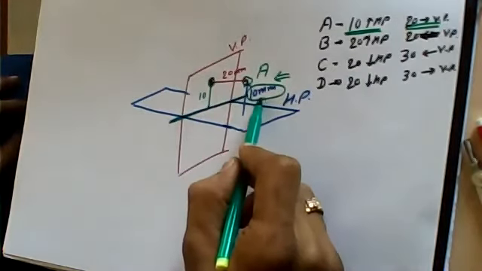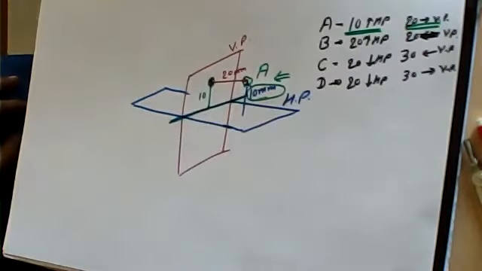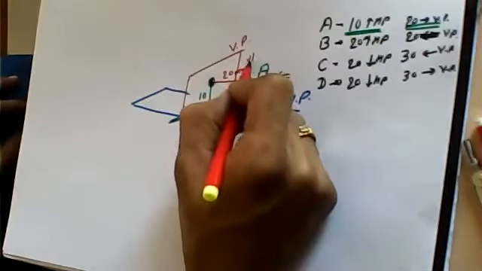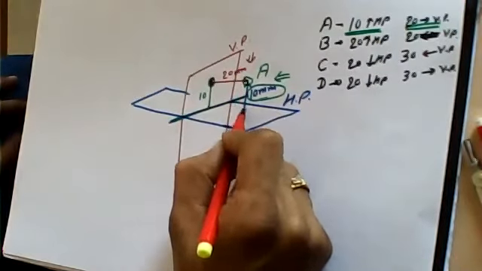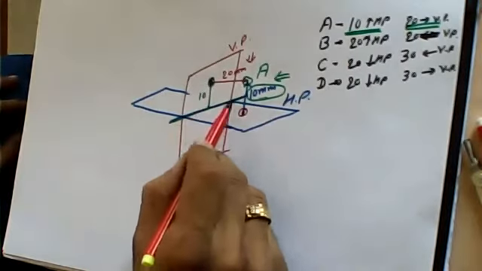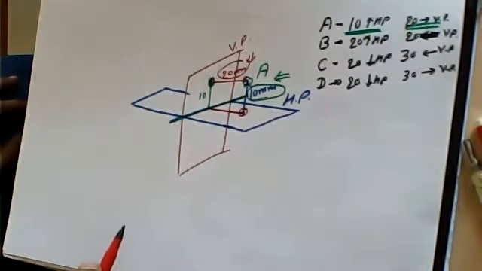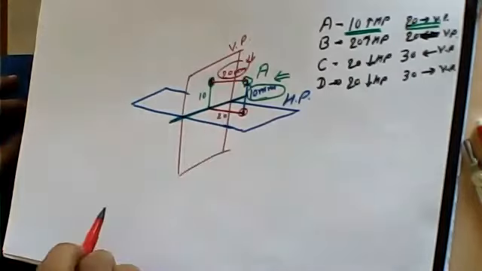So अगर ये HP से 10 mm ऊपर है तो उसका projection मुझे VP पे 10 mm ऊपर ही मिलने वाला है. In similar manner, if I am seeing same point from top, ऊपर से देख रहा हूँ और उसका projection ले रहा हूँ, it is going to be situated over here somewhere. And at which distance it is going to be available from VP? It is going to be 20 mm away. यहाँ से 20 mm दूर मिलने वाला है. So this is going to be 20 mm.